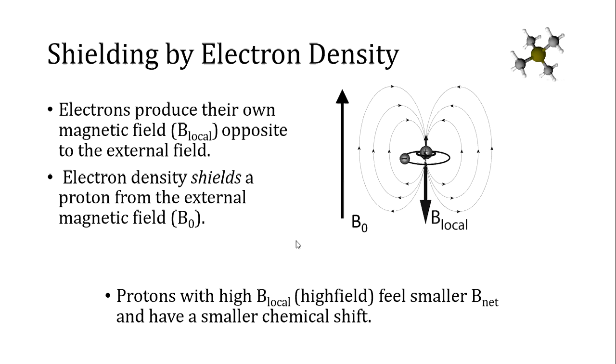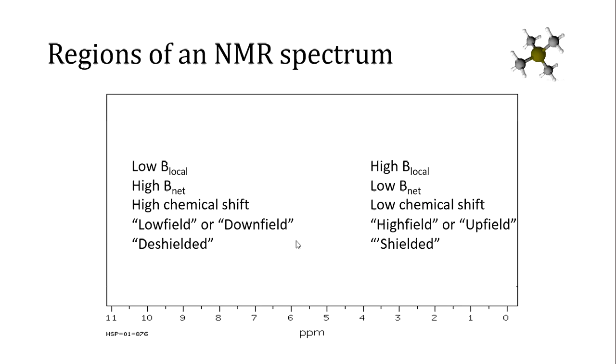Protons with high B local, those are high field protons, feel a smaller B net, or smaller net magnetic field, and have a smaller chemical shift. Protons that have larger B nets, by having smaller B locals, in other words less shielding, have higher chemical shifts. And so you can divide the chemical shift range into two areas.